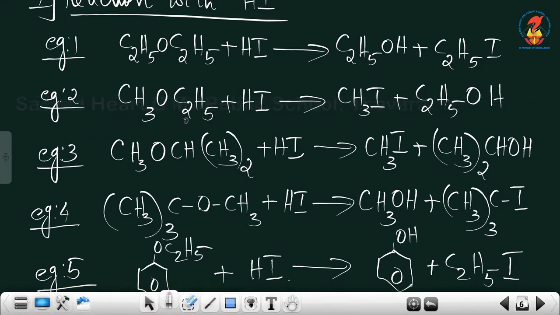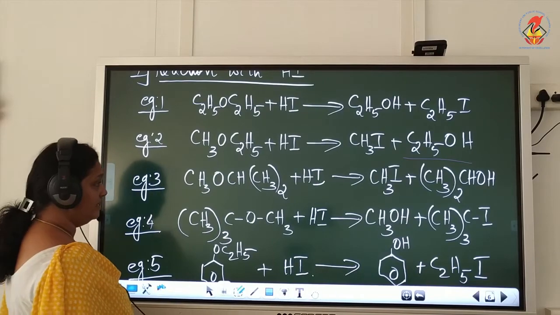So, this is a primary alkyl group. And I told you if it is a primary alkyl group, then the methyl group will go as halide. So, we get CH3I. Here the CH3-O bond is broken and the other group, the primary alkyl group, will go as alcohol, C2H5OH.